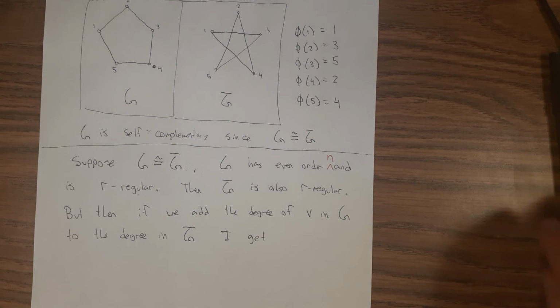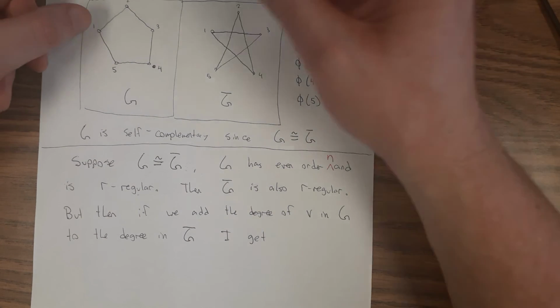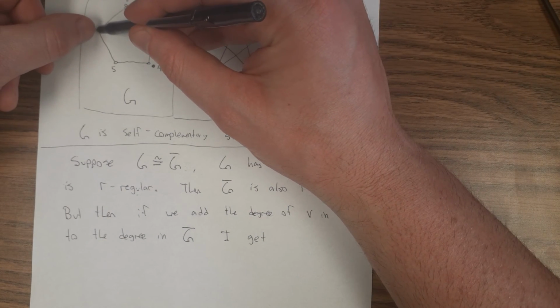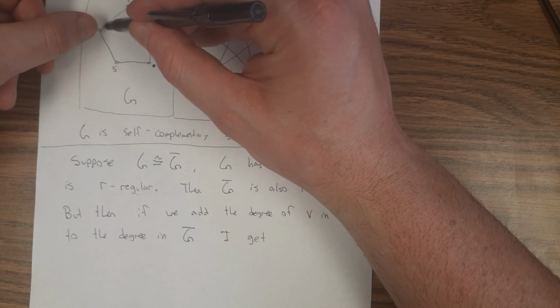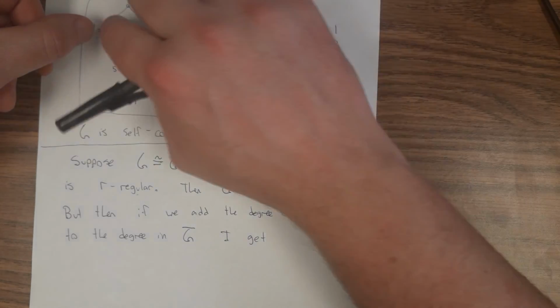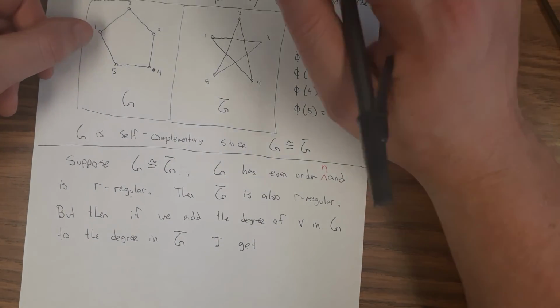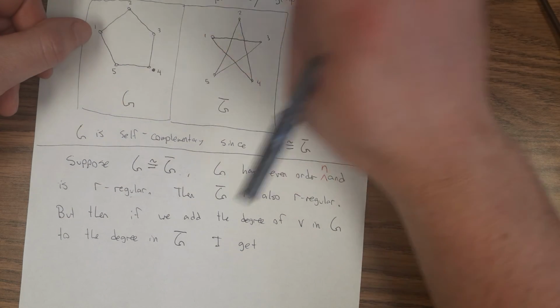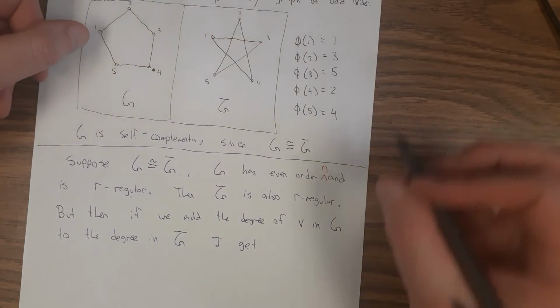In other words, say in this graph of order 5, if I say I'm looking at 1 and I'm looking at all the neighbors of 1, there's 4 neighbors of 1. There's 2 of them here and 2 of them here. And that's because 1 is adjacent to every vertex except for itself. And that's how this is going to be in general.